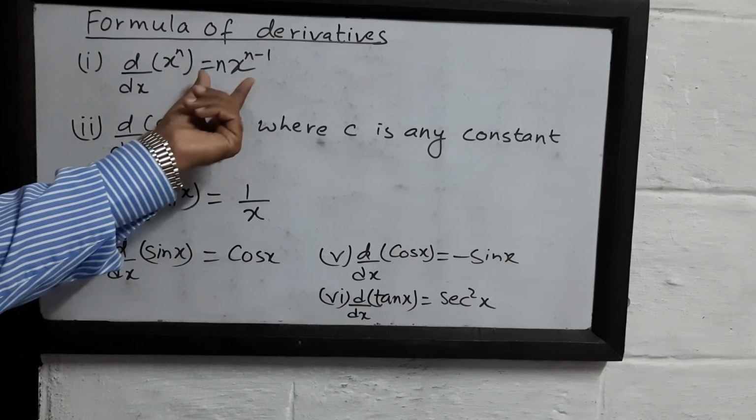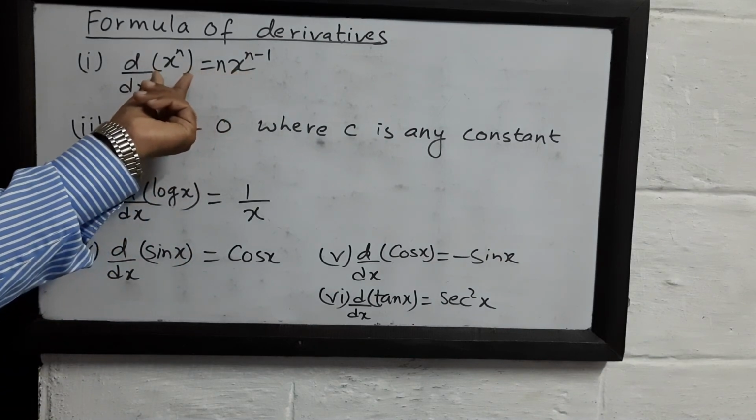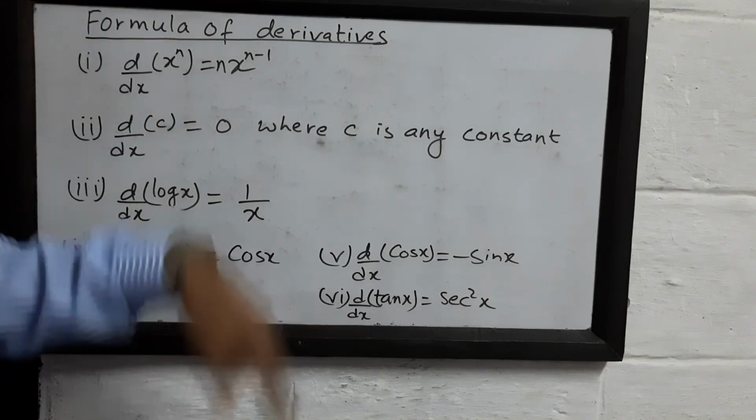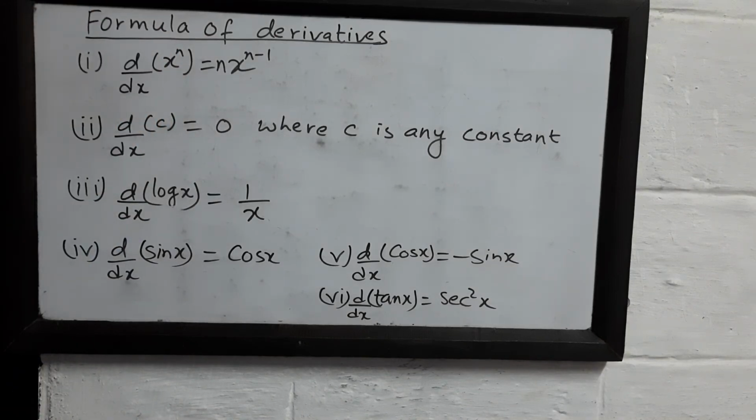And from this, by which method can we get x? That is the antiderivative. So from the answer of the derivative, if we can get the question of the derivative, then that is the antiderivative. Now I will define antiderivative.